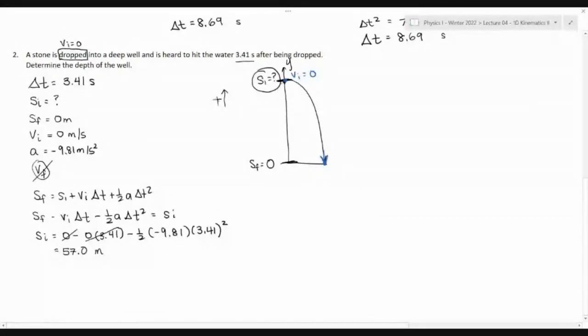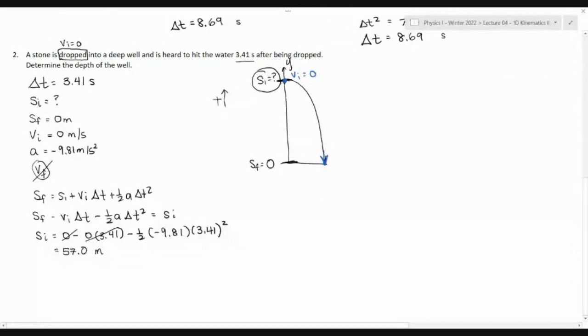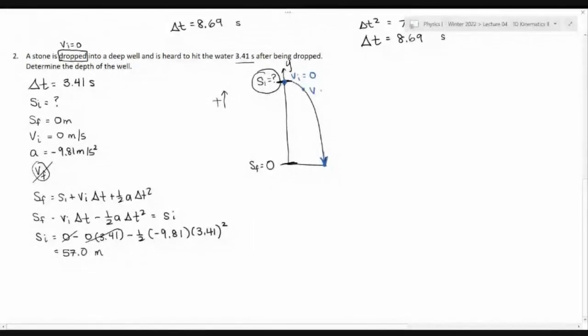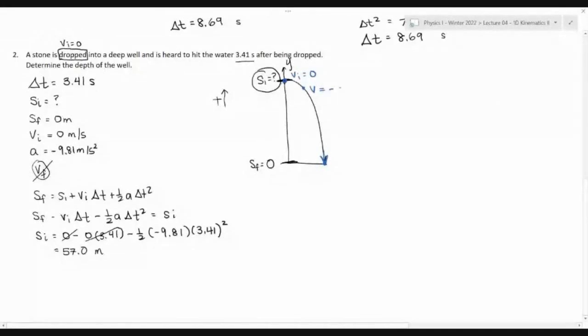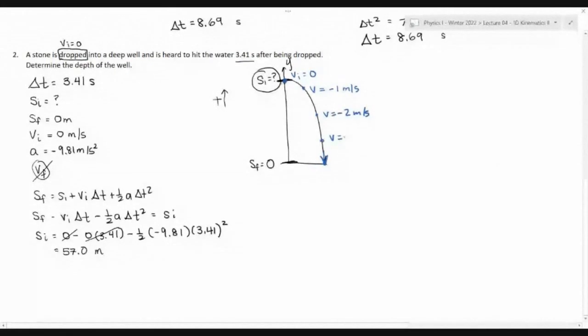We say up is positive, so I'm going to stick with down being negative for this question. The initial velocity is 0 because it got dropped, and now the velocity is getting more and more negative. Let's say it's -1 meters per second, and then it's -2 meters per second, and it just keeps getting faster and faster until it eventually hits the ground.